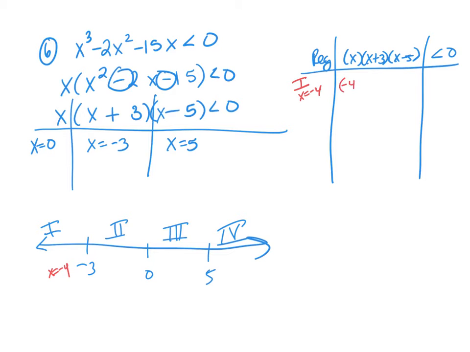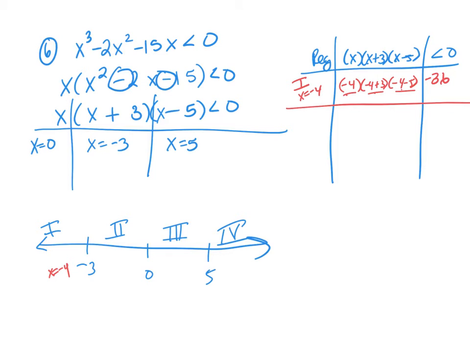So you have negative 4, negative 4 plus 3, negative 4 minus 5. So that's going to be negative 4, negative 1, positive 4, and negative 9 is positive 36. Sorry, negative 36. Because negative times negative times negative is negative.